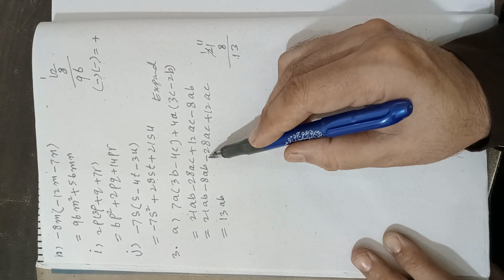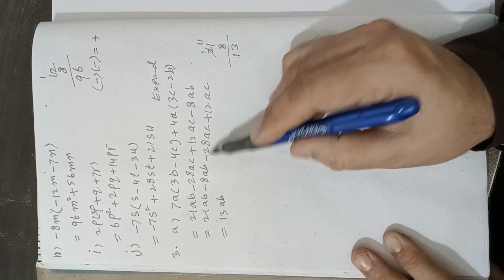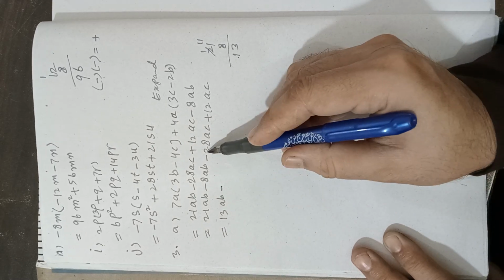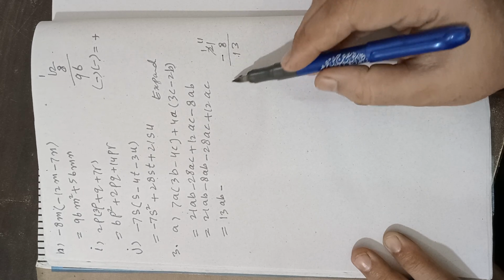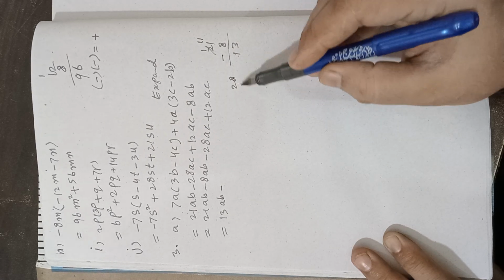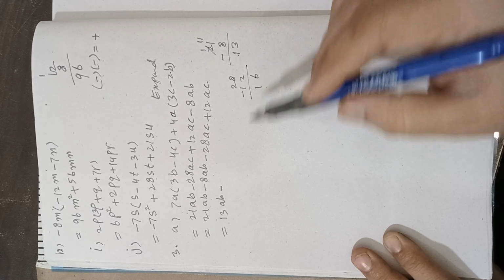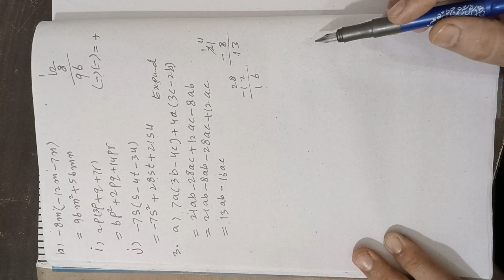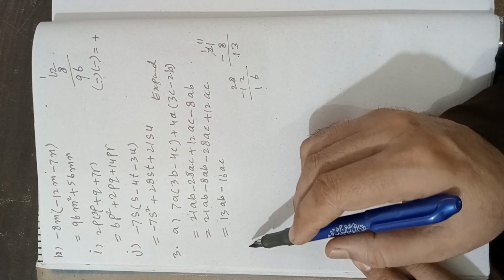Then see that this minus term is bigger and this plus term is smaller. Due to the different signs, we will subtract and we will write the sign of the bigger term, that is 28, and subtract it. You will find 28 minus 12 is 16 ac. Always perform rough working so that there is no error while solving your problem.